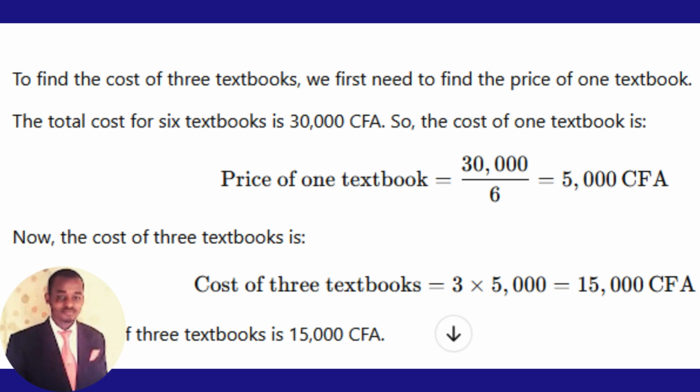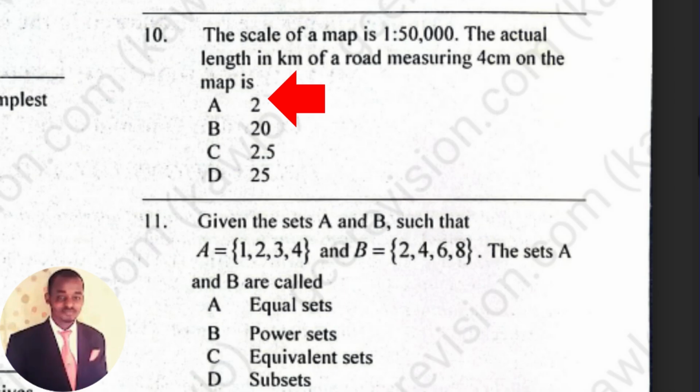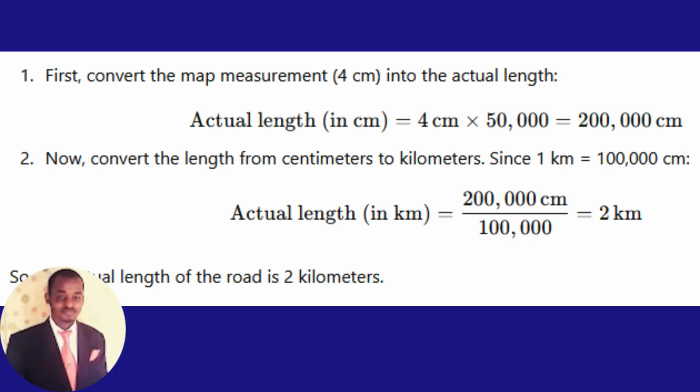So the cost of 3 textbooks will be 15,000 francs. Question 10. The scale of a map is 1:50,000. The actual length in kilometers of a road measuring 4 centimeters on the map is. The correct answer is 2. Let me show you how we came about this 2. First, we convert the map measurement of 4 centimeters into the actual length.